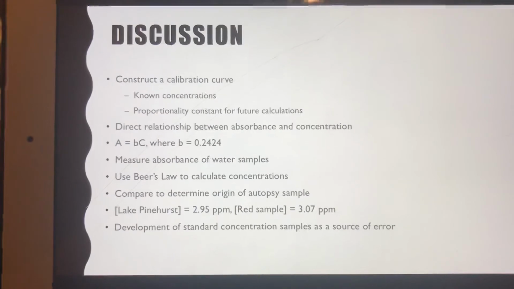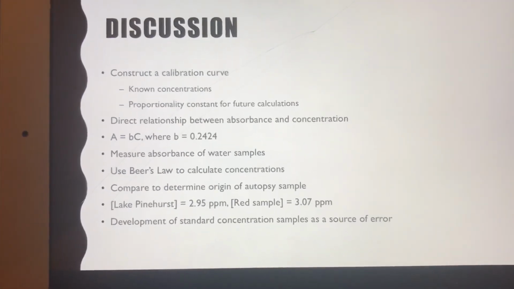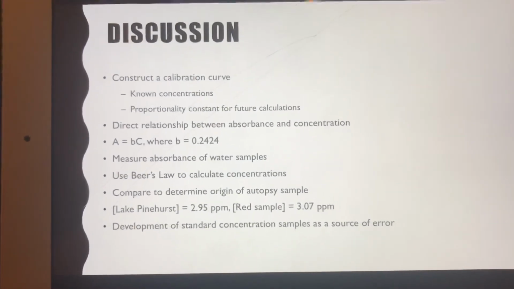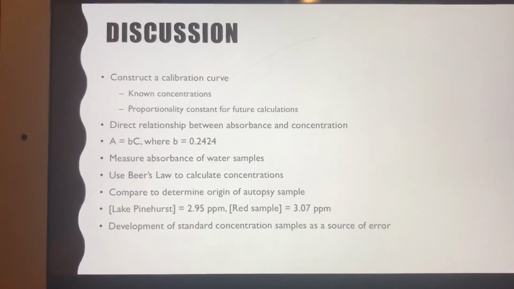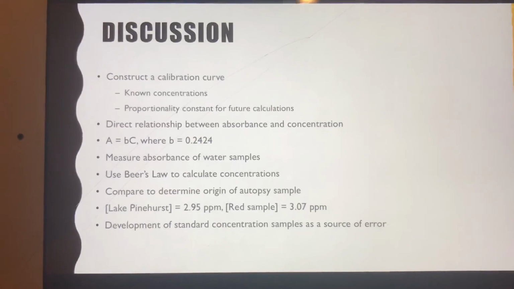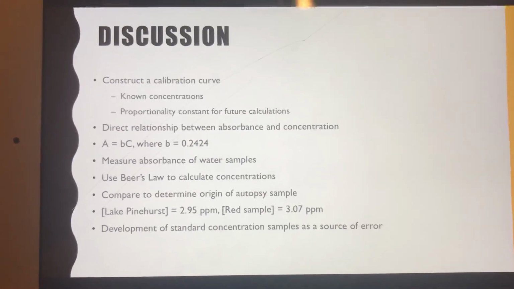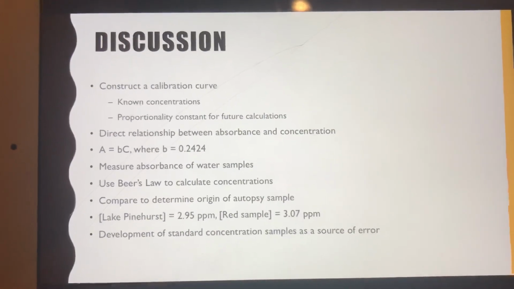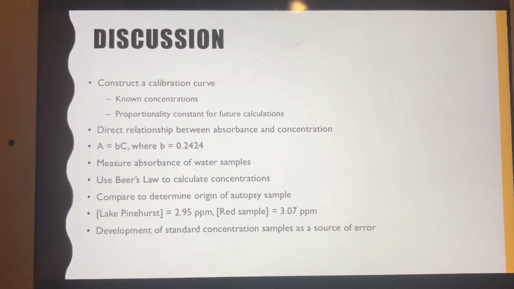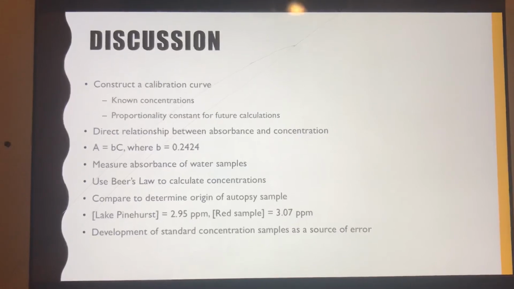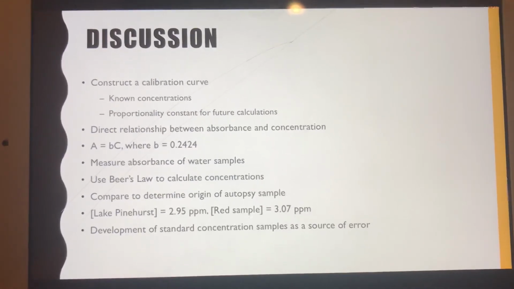So you have A equals B times C. We measured the absorbance of the water sample, so that gives you an A. Then we use Beer's law to calculate C, given that we already have B from our calibration curve. Then we compare to determine the origin of the autopsy samples. Lake Pinehurst, 2.95 parts per million; the red sample, 3.07.